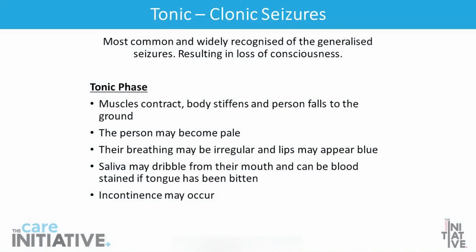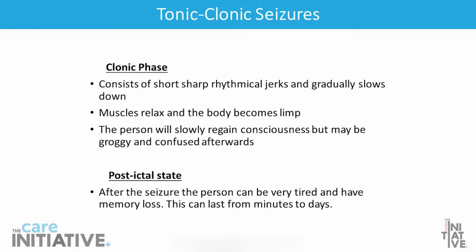During the tonic phase, an individual's muscles will contract, the body will stiffen, and the person is likely to fall to the ground as they become unconscious. During the clonic phase, they will experience a series of rhythmical jerks as muscles contract and relax. Breathing may become noisy and laboured, and the skin may become pale or even cyanosed. It may also be that they experience incontinence during this stage.